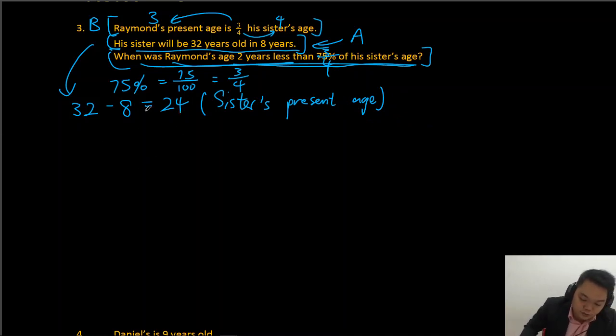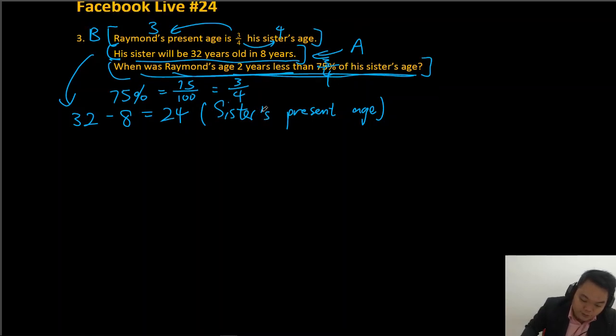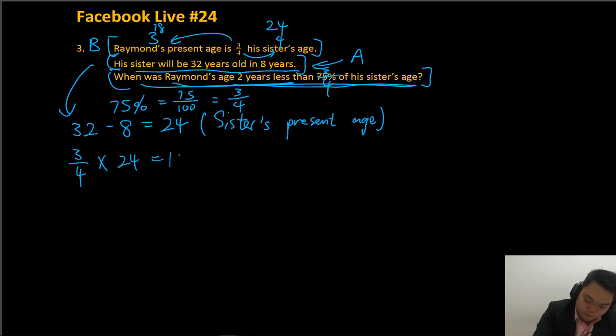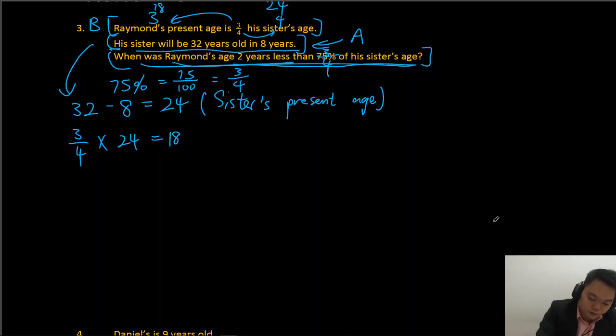Okay, so now if the sister's present age is 24 and Raymond is 3/4 of his sister's present age, then this would have to be 18. Can you all see that? Let's just break this down first.